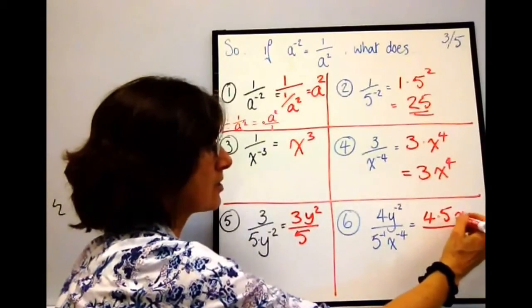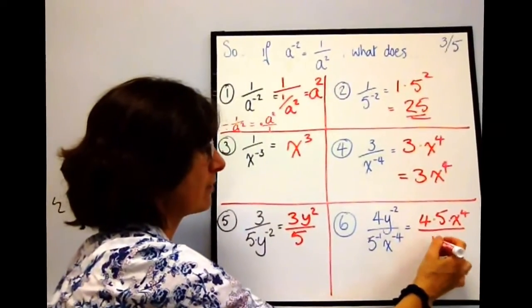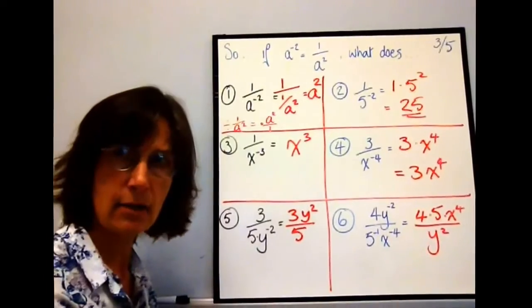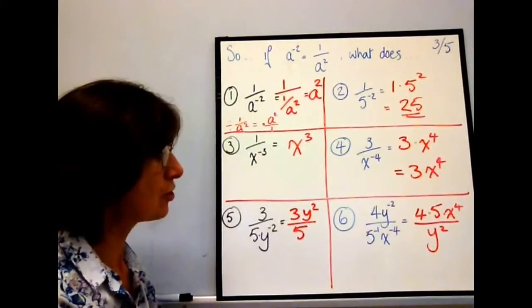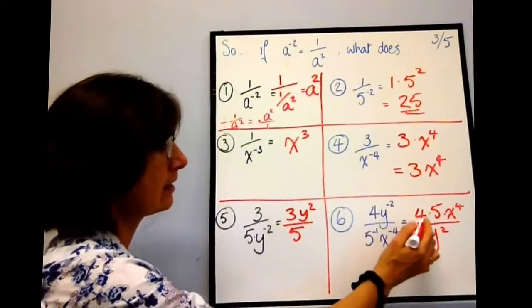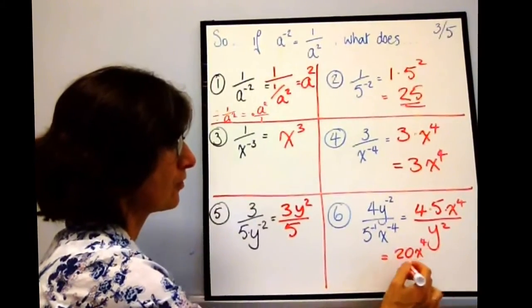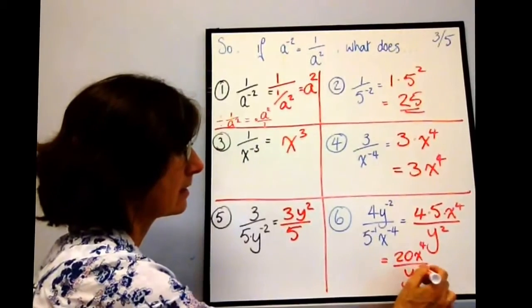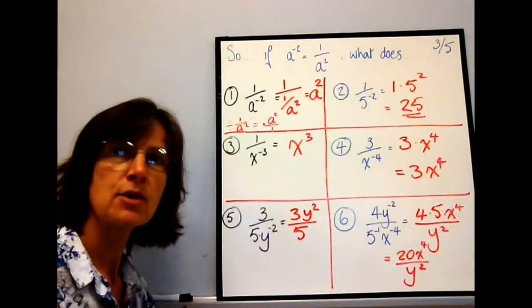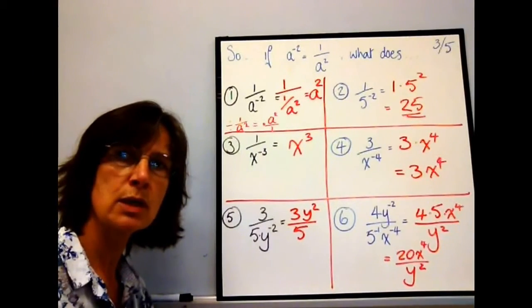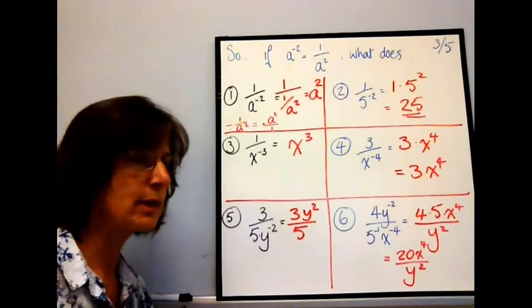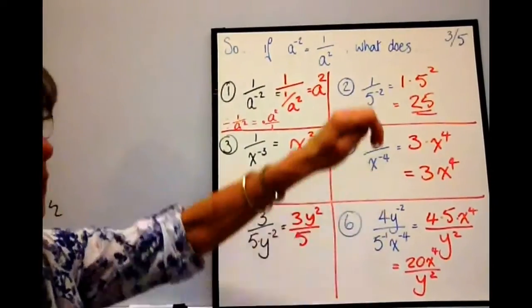I've got the x to the 4th that's going up, and the y to the second that's going down. Now let's just make sure we've simplified it as much as we can. 4 times 5 is 20. x to the 4th over y squared. So take a minute, put me on pause, and let that all digest and copy it down. I'm moving on.